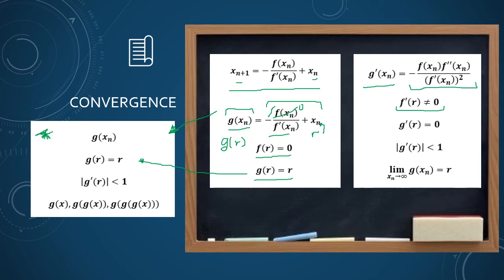As long as we plug r into our first derivative function, and f prime of r does not equal 0, and this second derivative is well behaved, like continuous, doesn't do anything crazy, then g prime of r will equal 0.